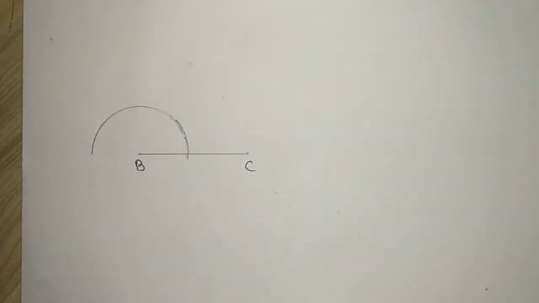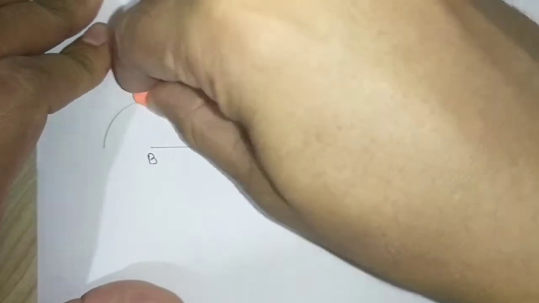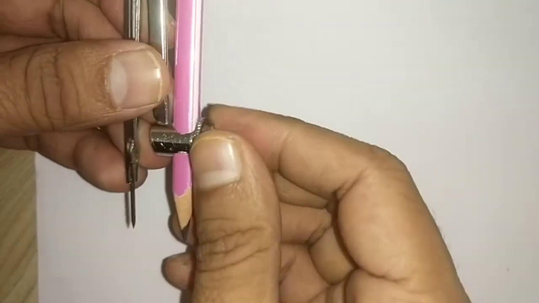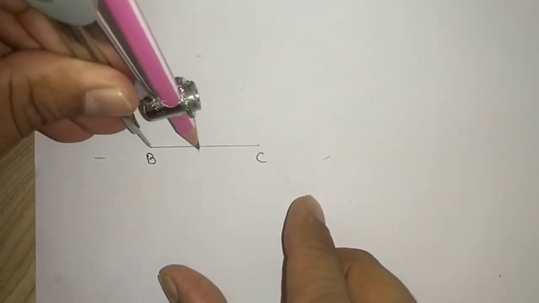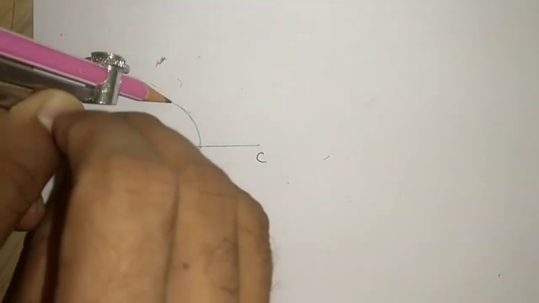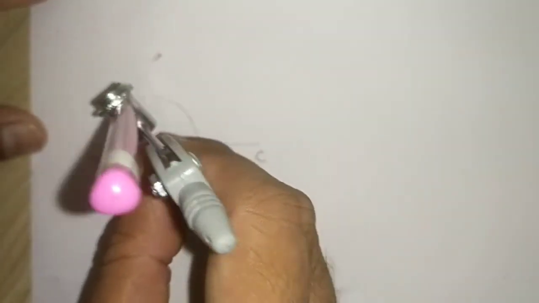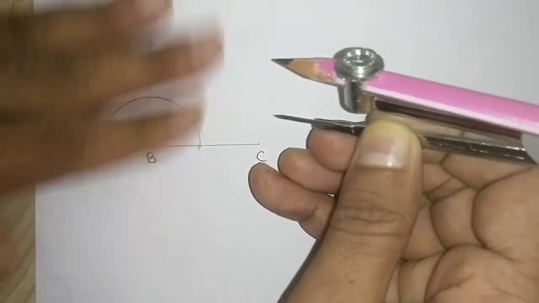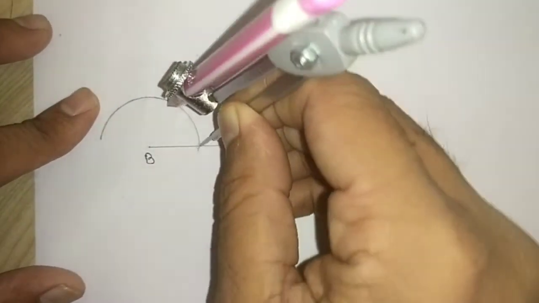Taking the same measurement, here I have made a little mistake because of the pencil. Let me do it again. Opening the needle, placing it on B, now taking the same measurement and putting on this point of intersection.